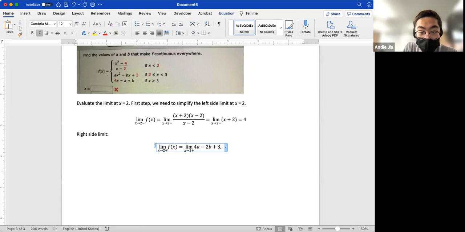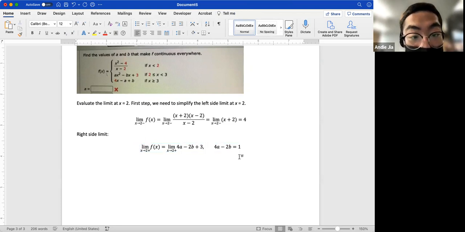So we have 4a minus 2b is 1. Is this limit equal to, and we save this equation. Save this equation.